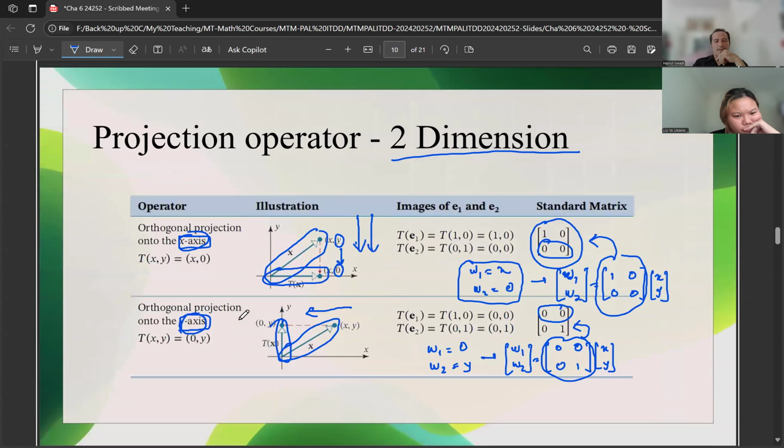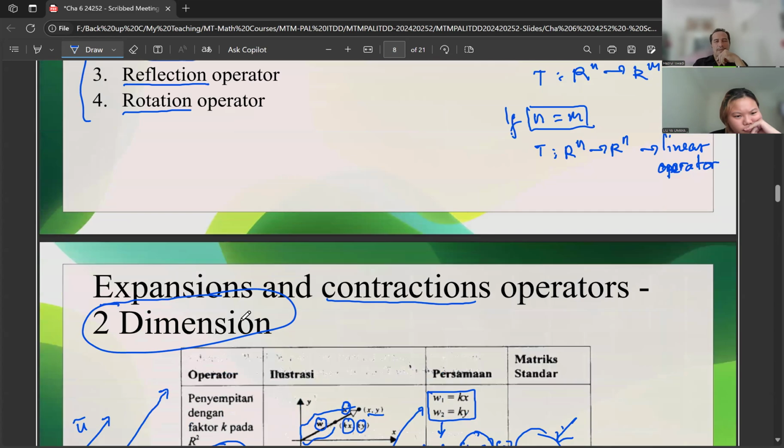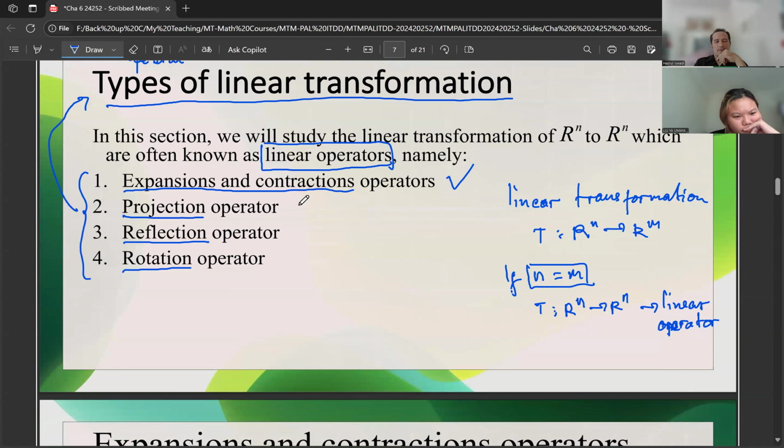Okay, now we already talked about projection. Expansion has two dimension and also three dimension. In the projection also we have two dimension and three dimension.